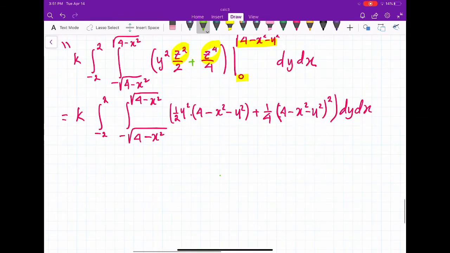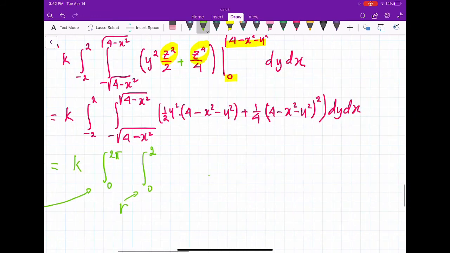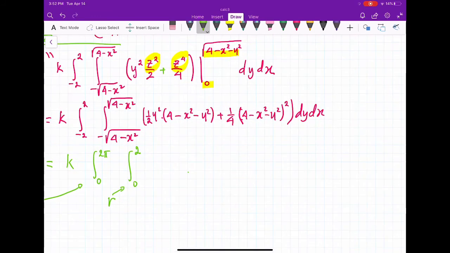So I will transfer from rectangular coordinates to polar coordinates, and this integral is equal to k integral from 0 to 2 pi and from 0 to 2. You see, 0 to 2 pi is for theta and 0 to 2 is for r, right? So we have 1/2 right here. y is r squared sine squared theta, right?